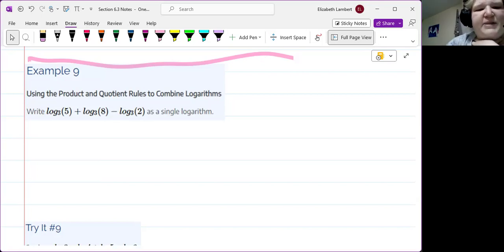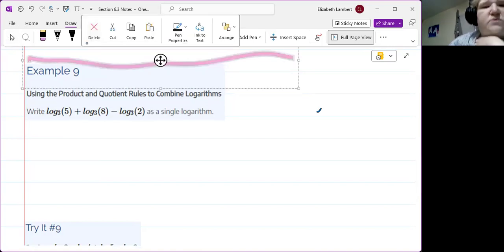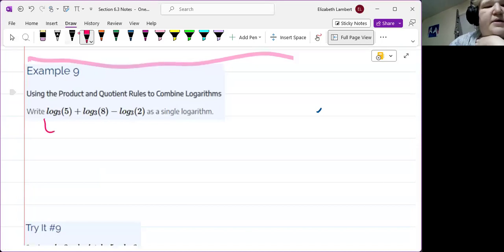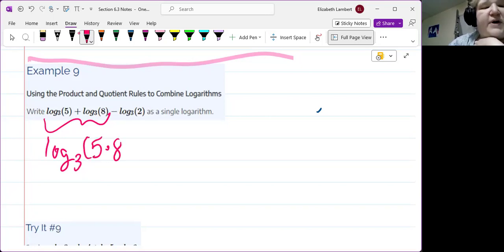All right, but log base 3 of 5 plus log base 3 of 8. I know what that plus between two logs means. It means these two right here could be rewritten as the log of 5 times 8.